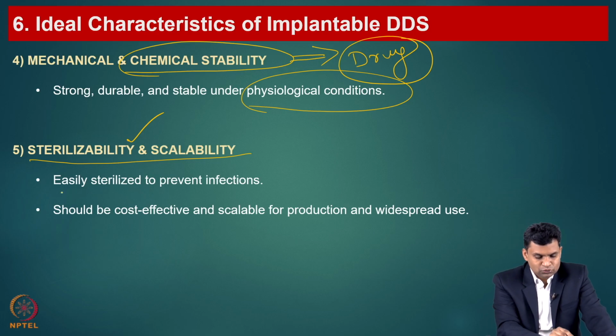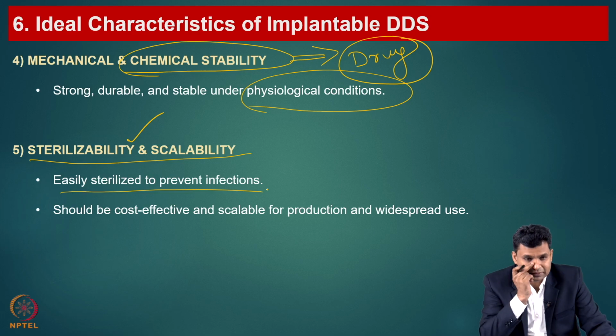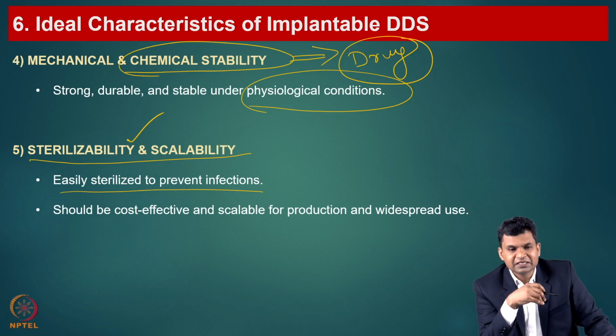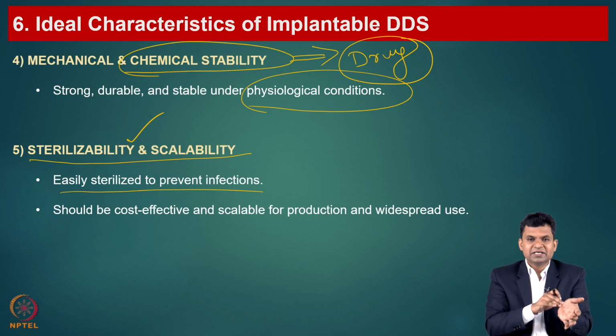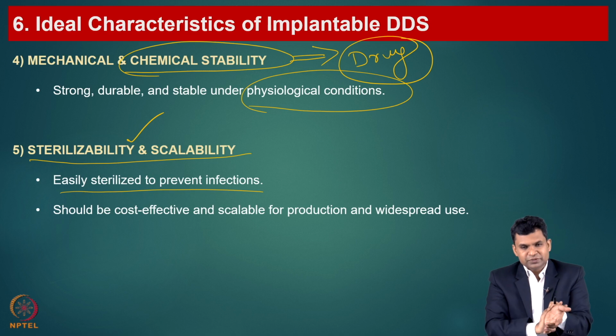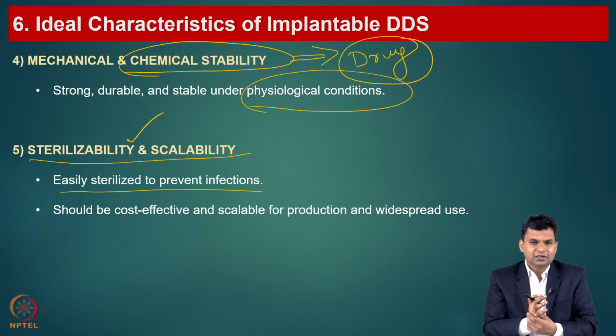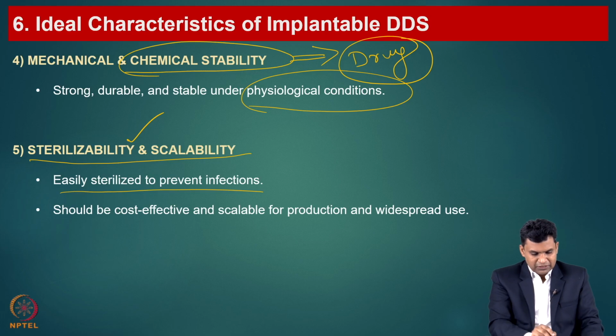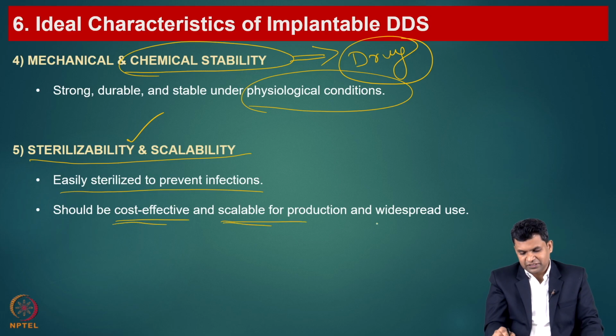We need to select an easy sterilization technique to prevent infections, because we are going to place it in the body, and the sterility needs to be maintained until administration to the patient. Yes, the method needs to be cost effective and scalable for production and widespread use.